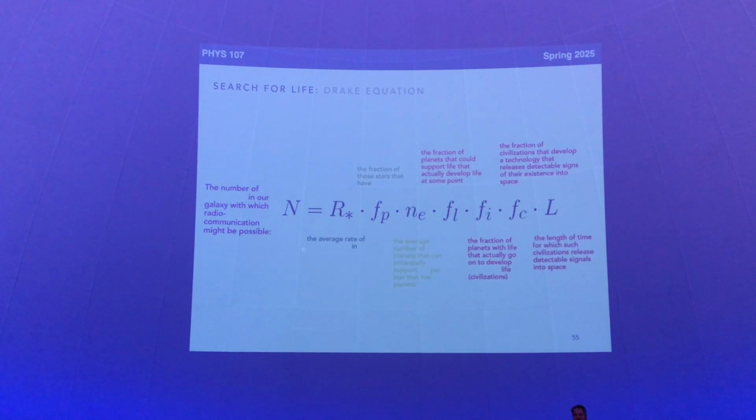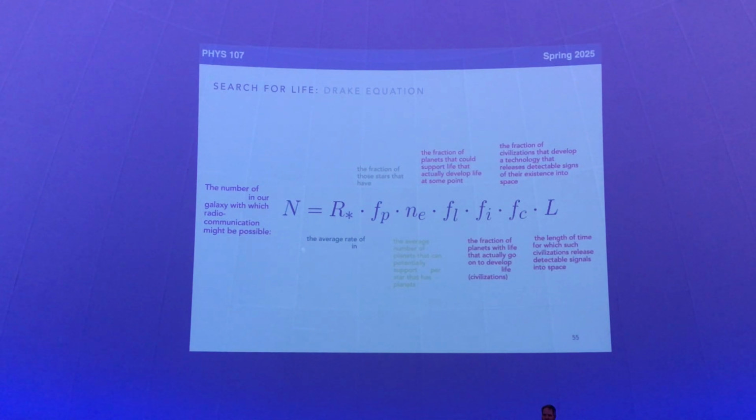The important part is that if I want to know the total number and I have a rate of new planets being made, I want to know, if I make a new planetary system, how long do I get radio signals from that? So this is the part that can be a little depressing, because there's about 50 years between us discovering big radio signals and sending them out in the universe, and the atomic bomb.